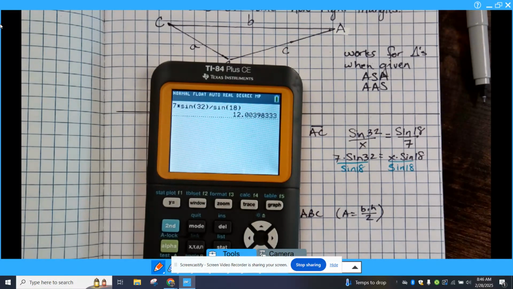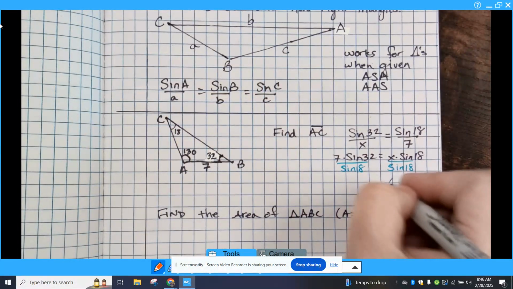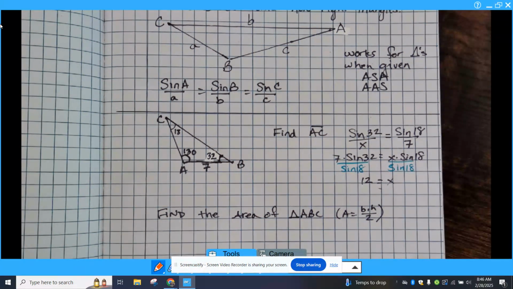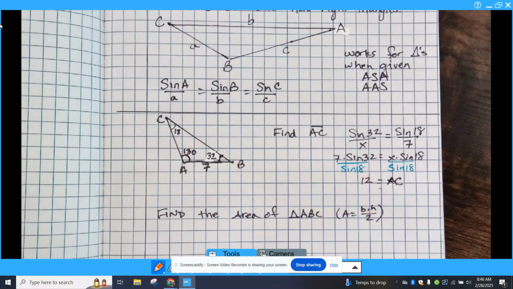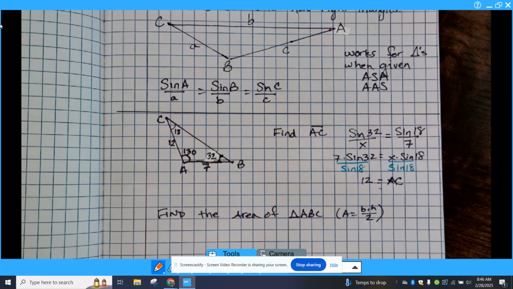And we get 12.003. We're just going to say it's 12. So x is going to equal 12. So AC is equal to 12. So that means this is going to equal 12 right there.